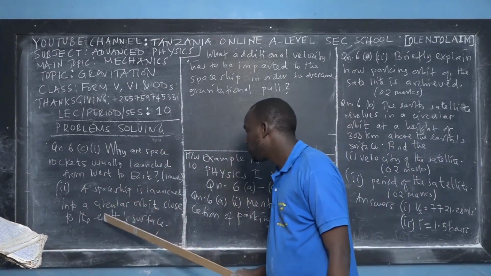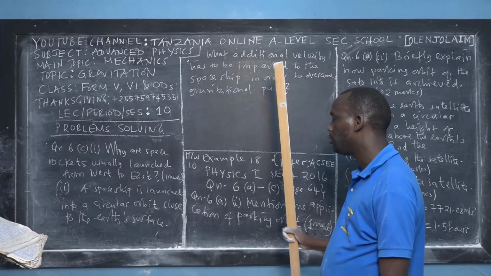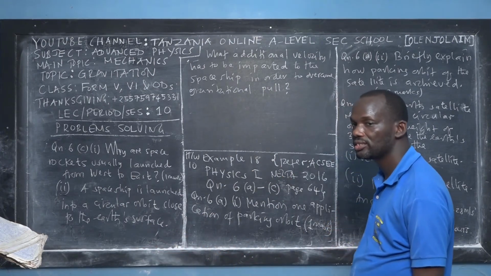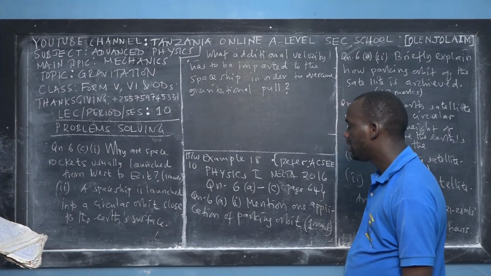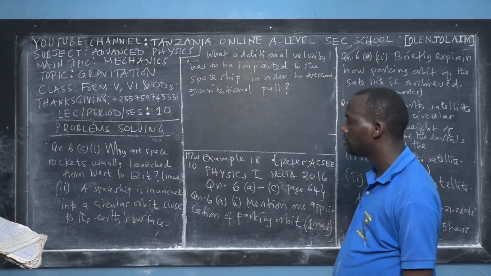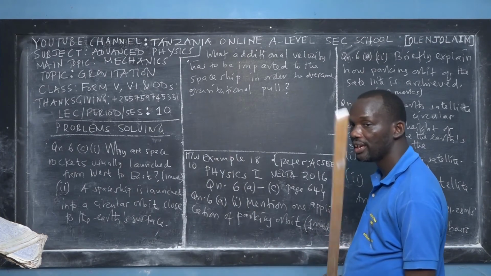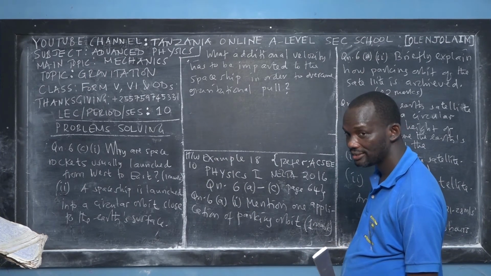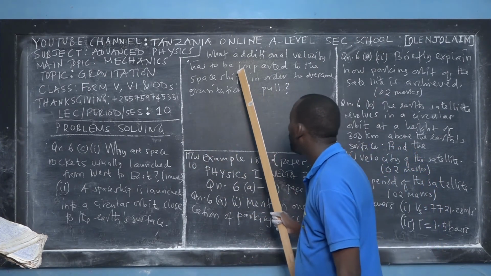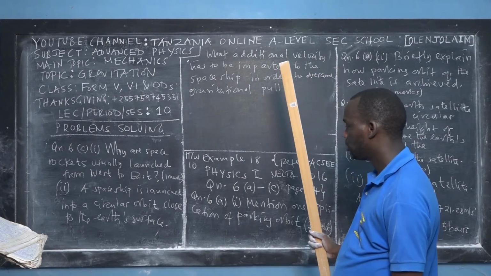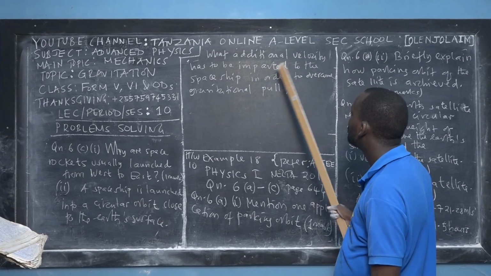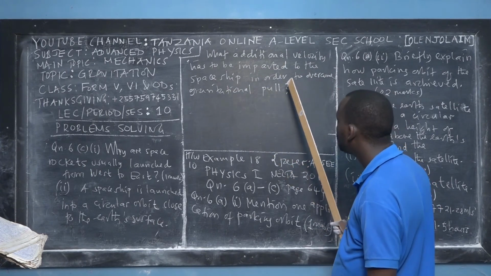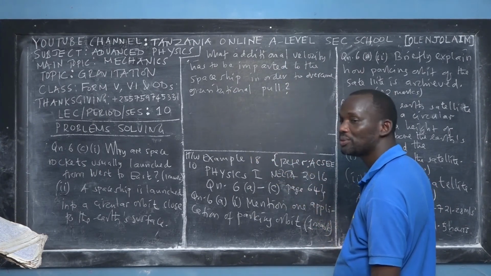A spaceship is launched into a circular orbit close to the Earth's surface. First of all, what does it mean? When I say close to the Earth's surface, it means that the radius of the orbit will be equal to the radius of the Earth. Then, what additional velocity has to be imparted to the spaceship in order to overcome gravitational pull?